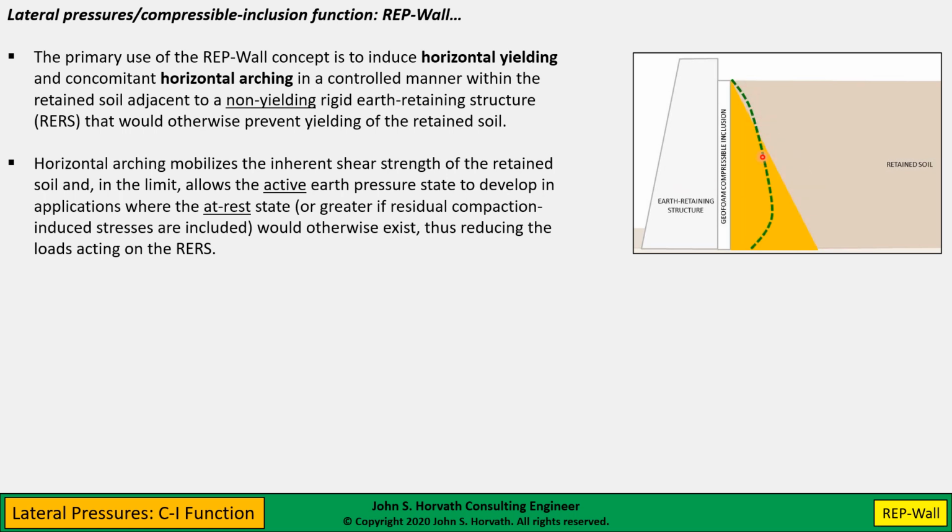The actual earth pressure distribution, because we are inducing horizontal arching, is really more parabolic in shape. It differs rather substantially from the simplistic triangle that, as I mentioned earlier, is something we really need to retire to the Geotechnical Hall of Fame, at least if we're going to design more efficient structures with compressible inclusions. And the peak lateral pressure is typically about the 3/4 point below the top of the wall.